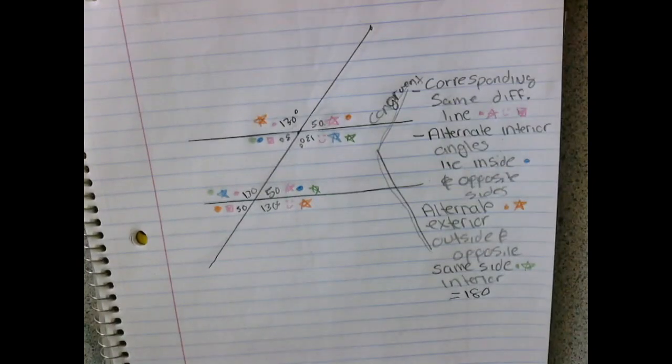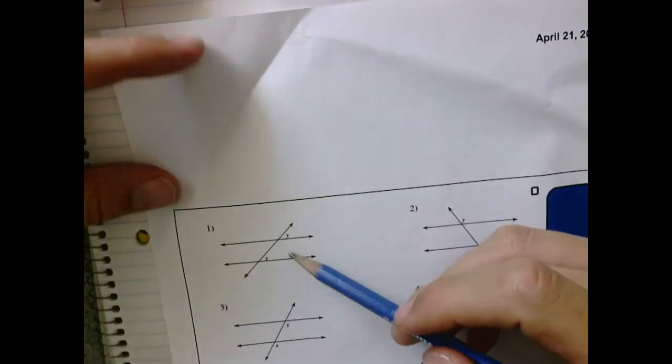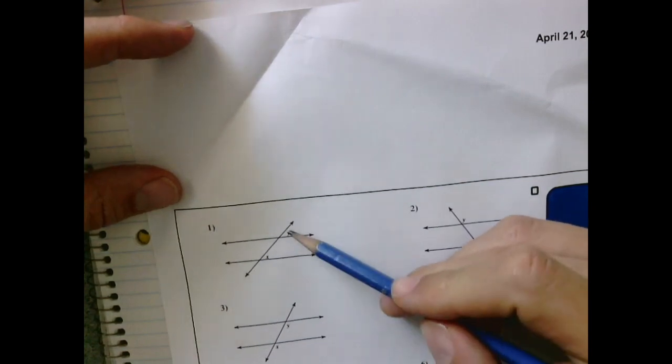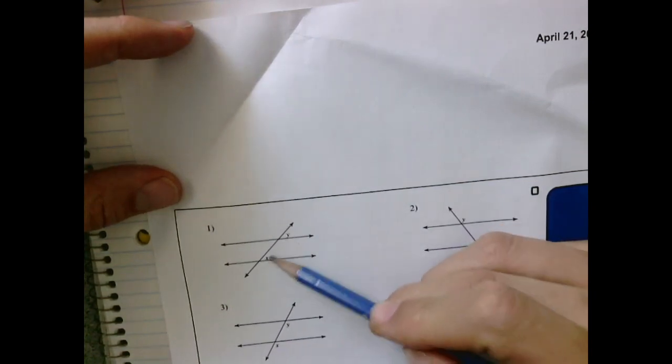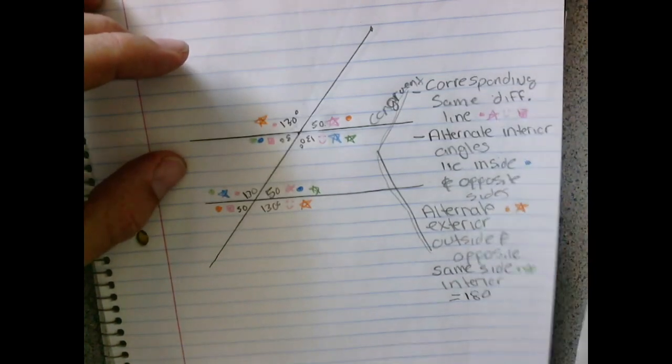Now that we've practiced a few of those and we kind of drew our notes into that, I'm going to grab this here and we're going to just practice naming angles. Okay, so what would you name this angle here? Same side, same position, different line. Oh, it's corresponding.